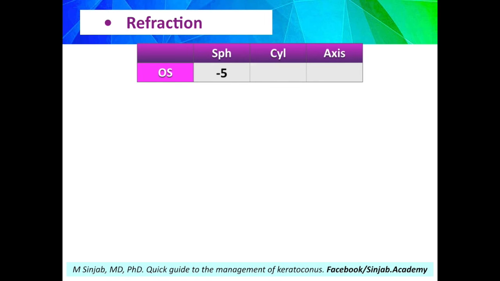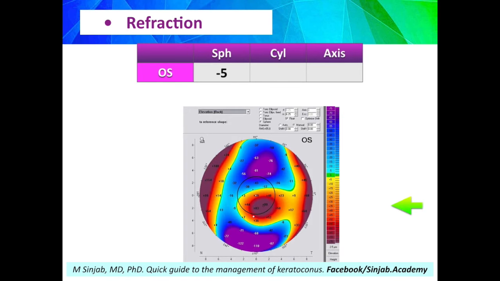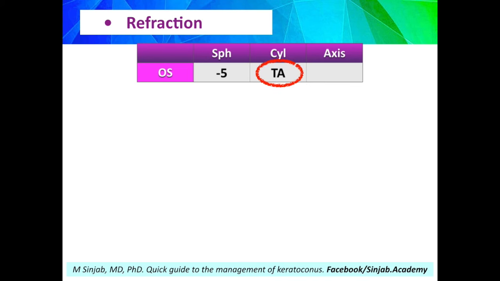Starting with the sphere, we look at the posterior elevation map in the best fit sphere mode to know whether to add the Kmax factor or not. Now, in this case, the cone is central, so the final sphere equals the manifest sphere.